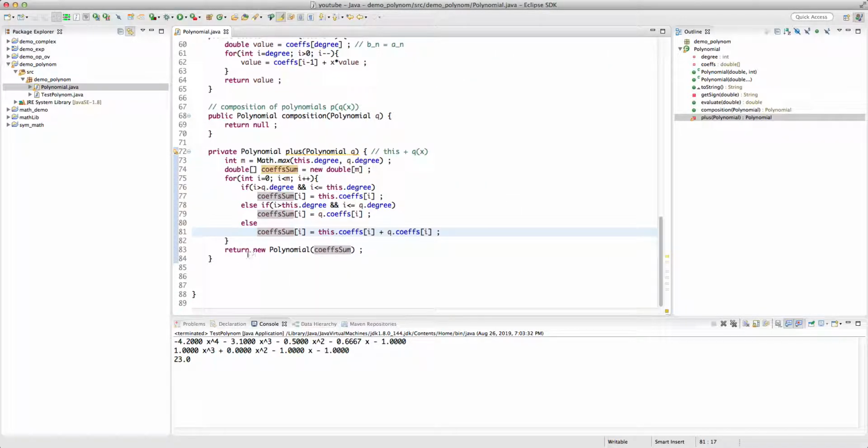Okay, now I'm going to make it public, and okay, let's keep it private, and then go and do operator overloading.